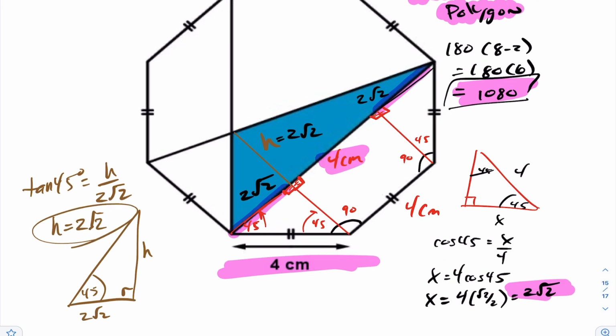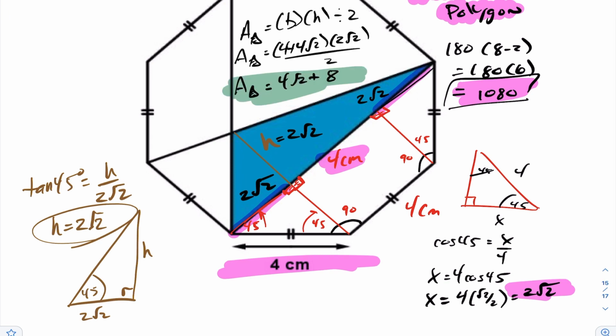So now I've got the base of my triangle, which I can multiply by the height and divide by 2 to get the area of our triangle. We're going to take base times height divided by 2. The base of the triangle would be 2 root 2 plus 2 root 2 plus 4. I added the two root 2's together to give me 4 root 2, plus your value 4 here.